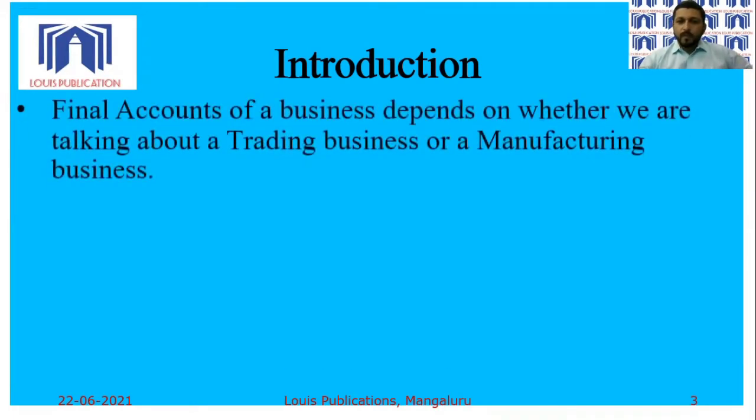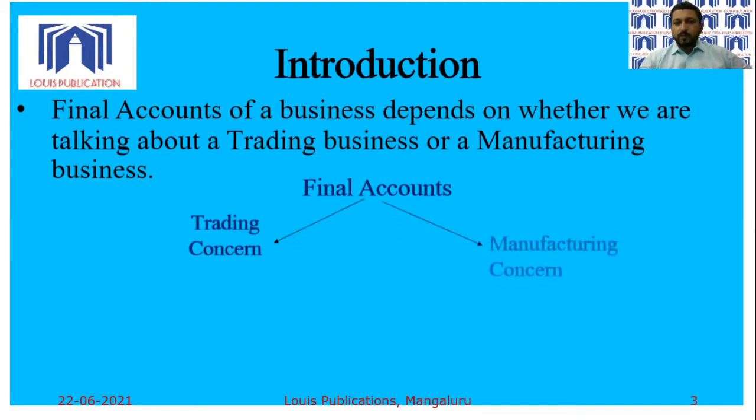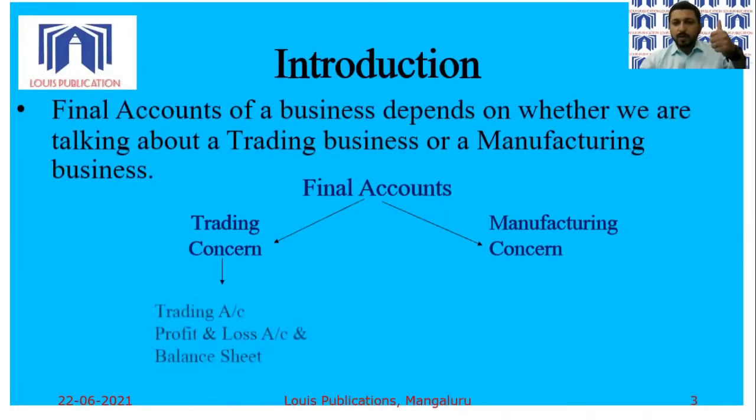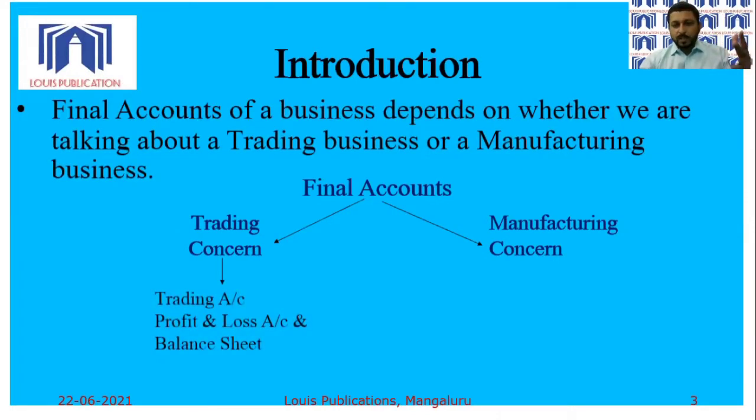Now, final accounts of a business will depend on whether we are talking about a trading business or a manufacturing business. If we are talking about a trading concern, three things make up the final accounts: trading account, profit and loss account, and balance sheet.